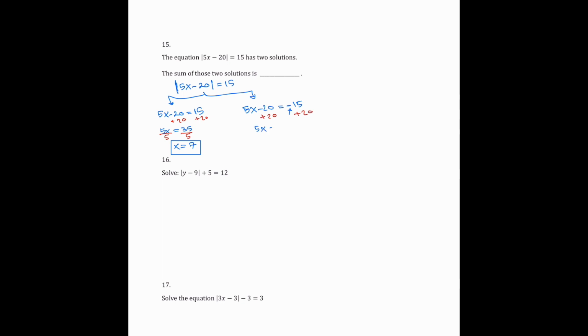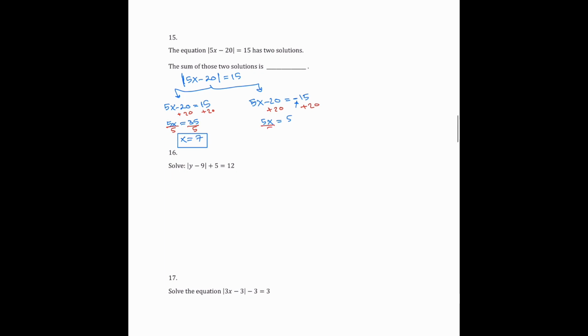You will get 5x equals positive 5, and then you're going to divide both sides by 5. And then you will get x is equal to 1. So now the answer is going to be 7 plus 1 is 8. The sum is 8.